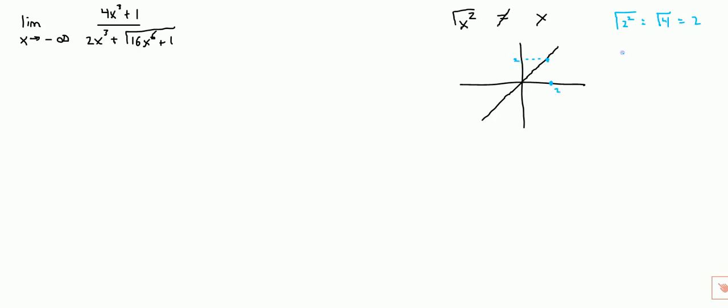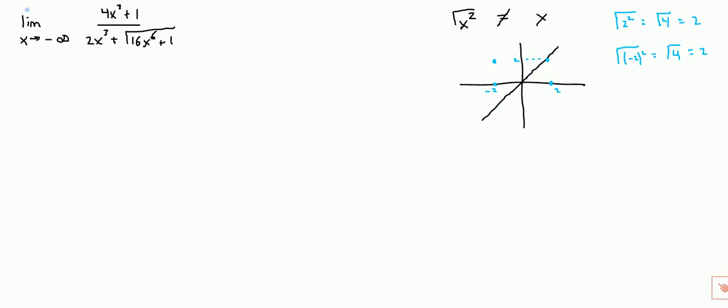But what if we do the square root of negative 2 squared? That's equal to the square root of 4. Remember, negative 2 squared is 4. And that's also equal to 2. So if we plug in negative 2, we should be up here, not down here on the line y equals x.